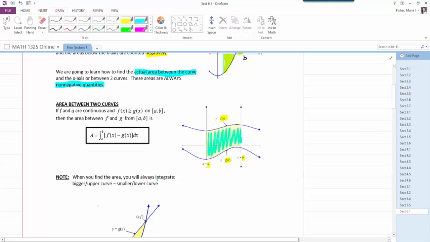So it's always going to be the bigger or the upper curve, in our case f of x, minus the smaller or the lower curve, in this case g of x.